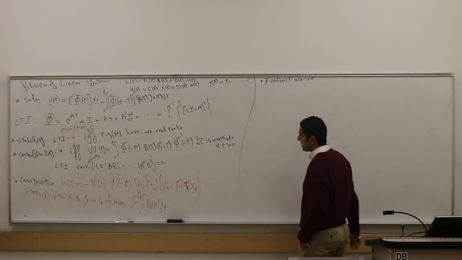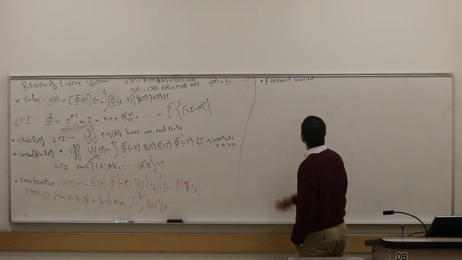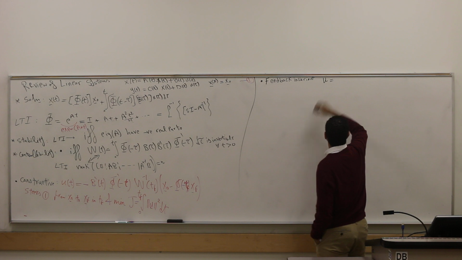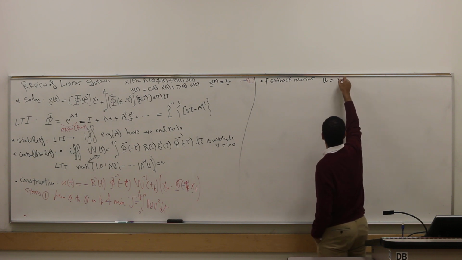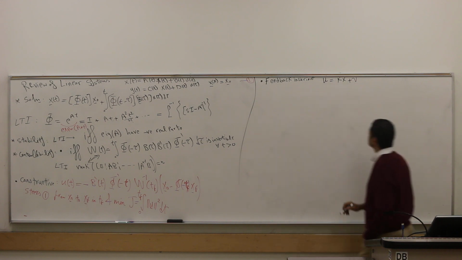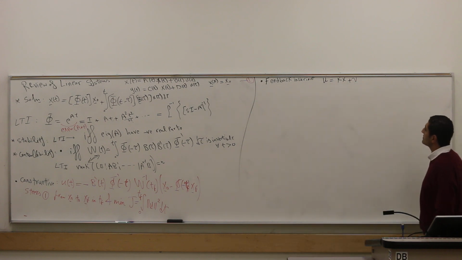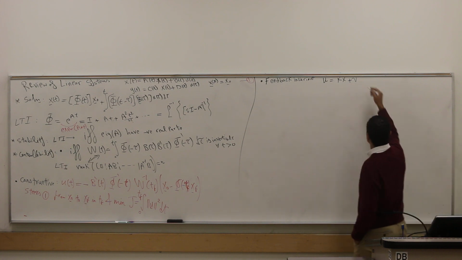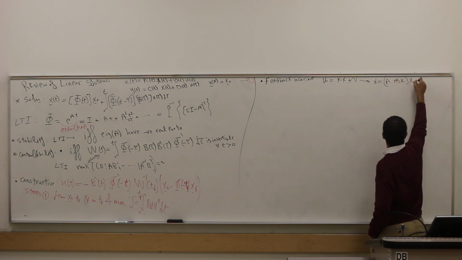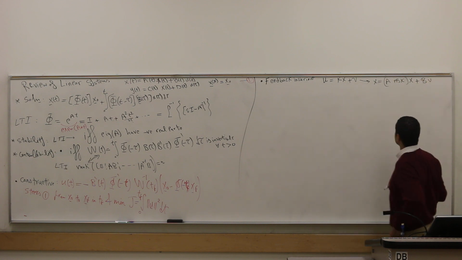By feedback invariance, I mean if you introduce u to be like, whatever, Kx plus v, right? Some feedback transformation. So your new dynamics, if it's LTI, is A plus BK in the x plus Bv.